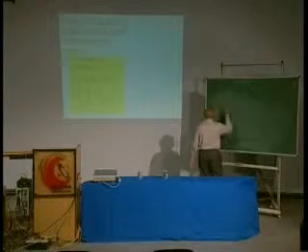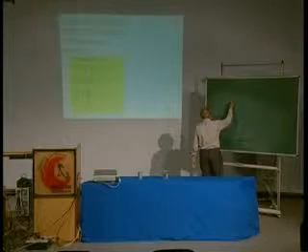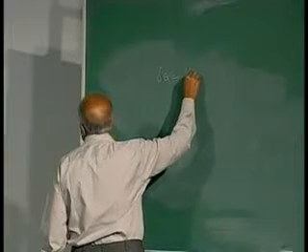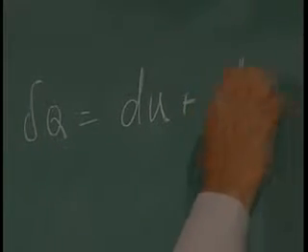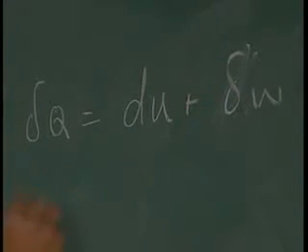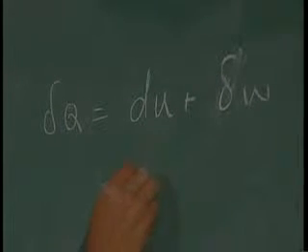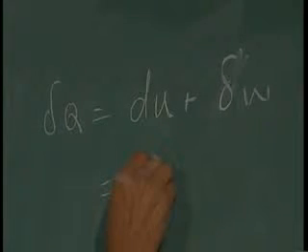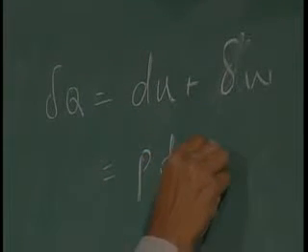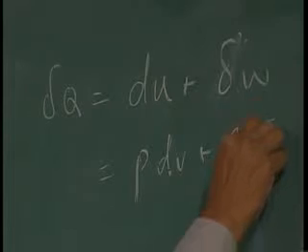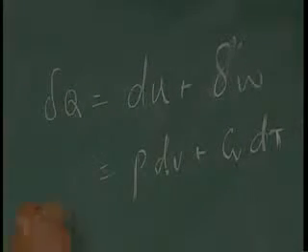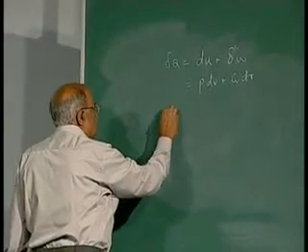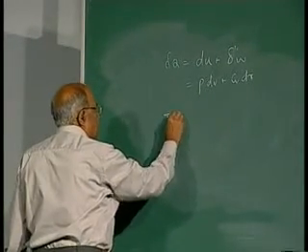The first law of thermodynamics says that dq is equal to du plus dw, and we can write dq equal to du, that is, dw is pdv plus Cv dT, or dq is equal to TdS.